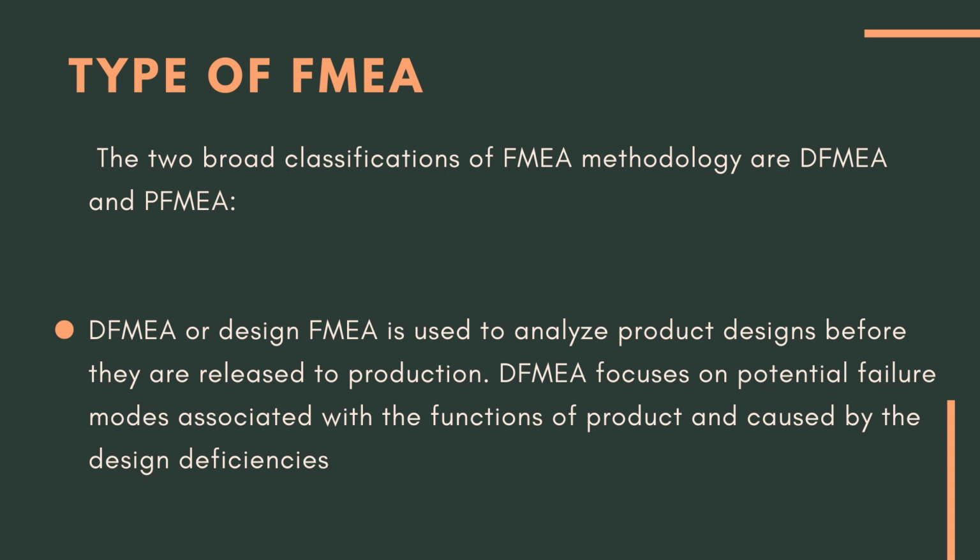DFMEA focuses on potential failure modes associated with the functions of products and caused by design deficiencies. Hence, DFMEA aids in the design process by identifying known and foreseeable failure modes and then ranking failures according to their impact on the product.